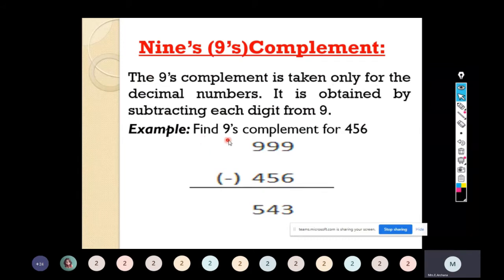Example, find nines complement for 456. We have 3 digits, so we subtract each digit from 9. So 999 minus 456, normal subtraction, we will get the answer as 543.